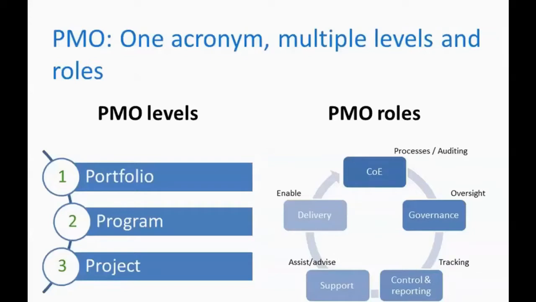Another one is the governance, where the PMO supports the oversight of projects and programs itself, control and reporting, when the PMO is the main source of the truth and holds the data and information about the projects and programs. Another one is the general support and advice to the project and program teams, and one which we understand in the market is delivering, when the PMO has project managers and project teams in its own structure, as you can see on this slide.